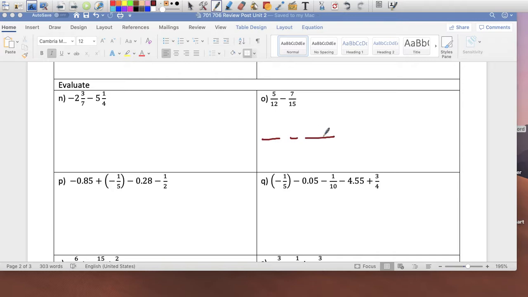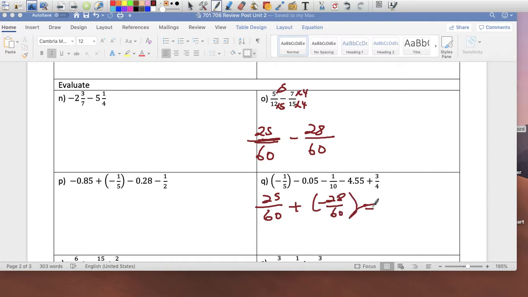Next one over here. Well, we have to find a common denominator. The common denominator between 12 and 15 is 60. So this is times 5, which is 25, and times 4, which is 28. 25 over 60 plus negative 28 over 60.